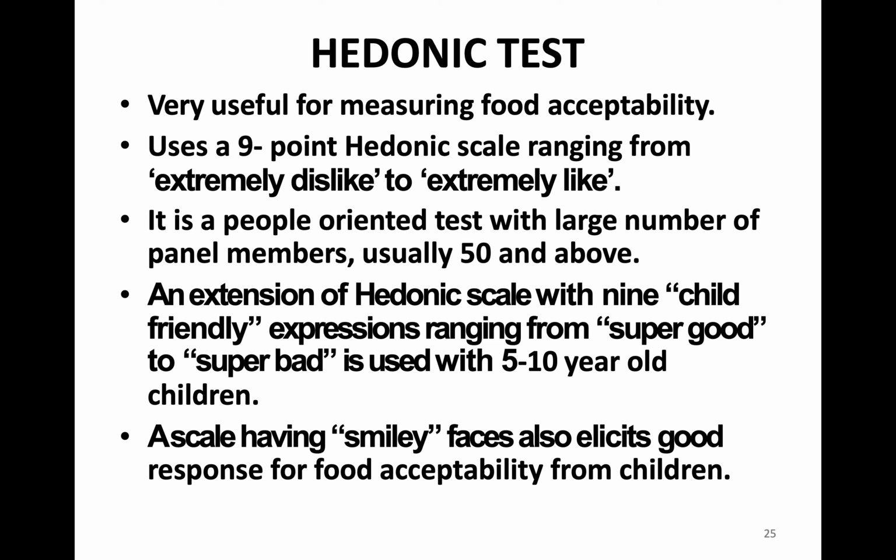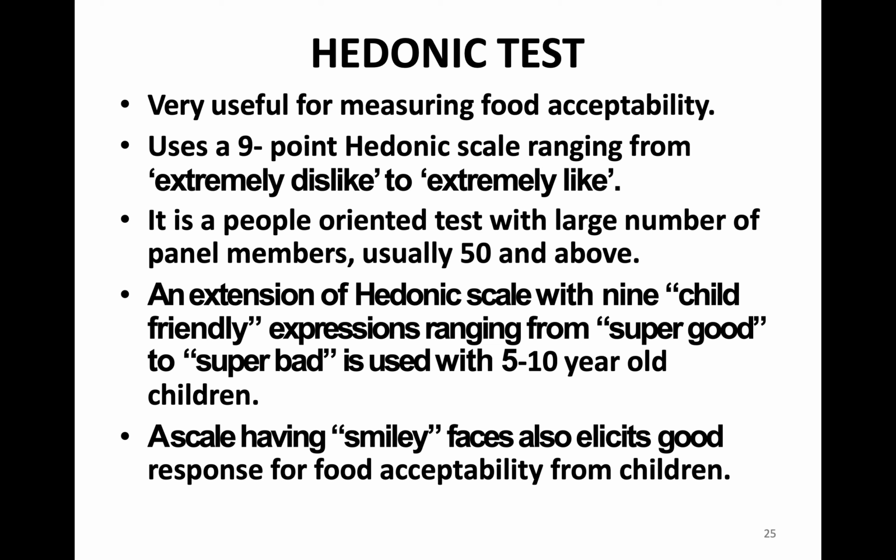You usually use a 9-point hedonic scale ranging from extremely disliked to extremely liked. It is a people-oriented test with a large number of panel members, usually 50 or above. An extension of the hedonic scale with 9 child-friendly expressions ranging from super good to super bad is used for children of 5 to 10 years old.